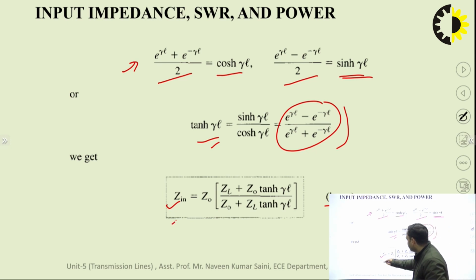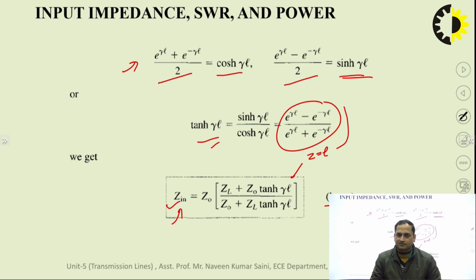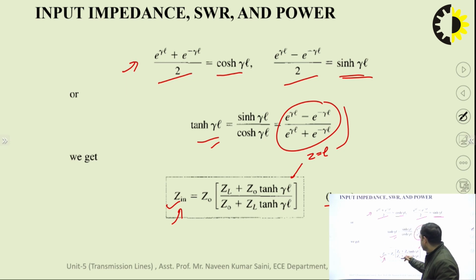So Z in will be equal to Z naught times (ZL plus Z naught tan hyperbolic gamma L) divided by (Z naught plus ZL tan hyperbolic gamma L). So this is the case when we have the length Z is equal to L. We can find any value of Z in by varying the value of L. As we have mentioned the maximum limit of L, we can increase it at an instant and find the value of Z in.